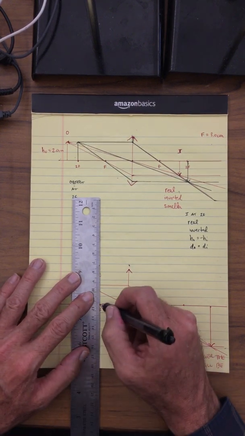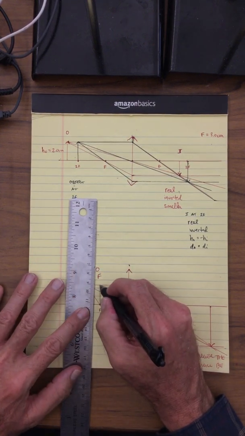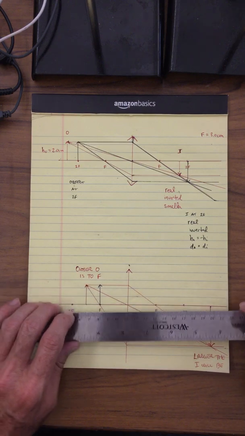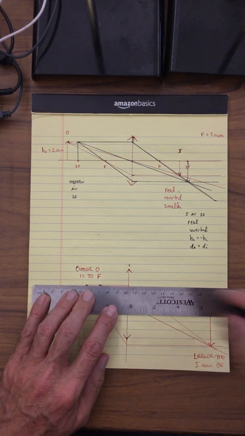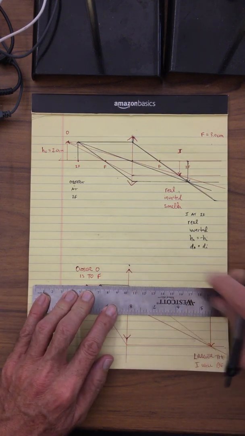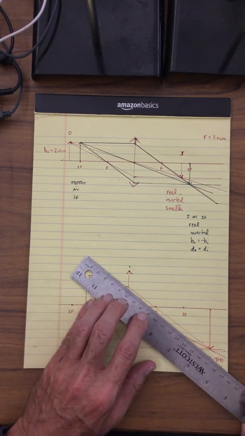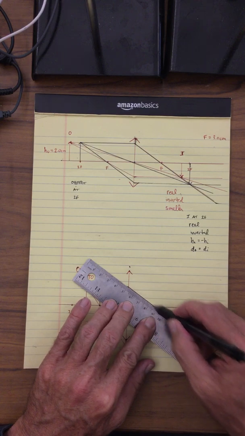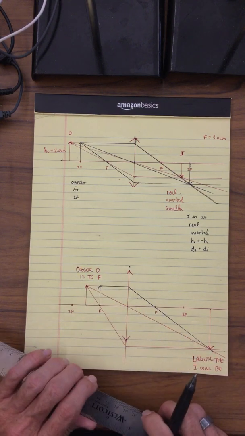Okay, so let's draw our first line right here. And here's my object. That's the height of my object. It's still 2 centimeters. My first ray will be just like this original one right here. Rays that enter in parallel are going to exit through the focal point, like this.